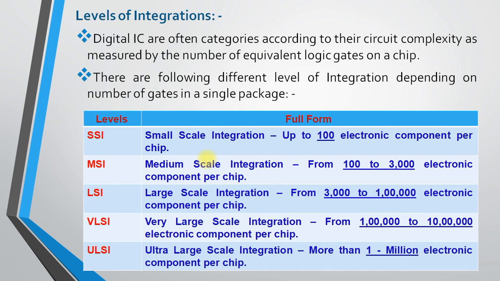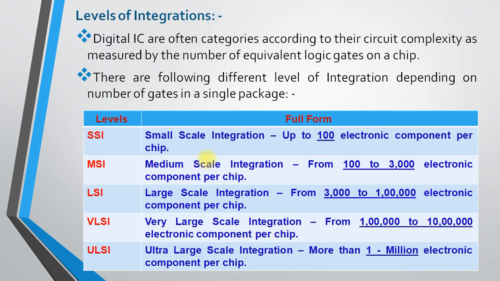VLSI stands for very large scale integration. Now VLSI gives you the facility to attach electronic components between 1 lakh to 10 lakh. So this range you need to remember. A single chip contains this many electronic components. And the last is called ULSI, and the full form is ultra large scale integration.